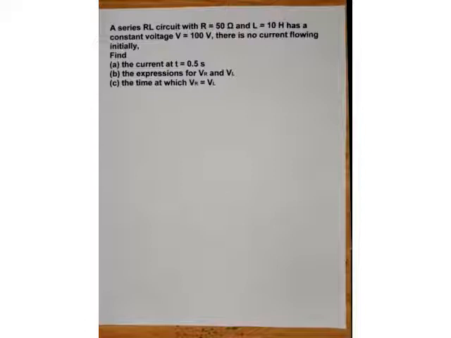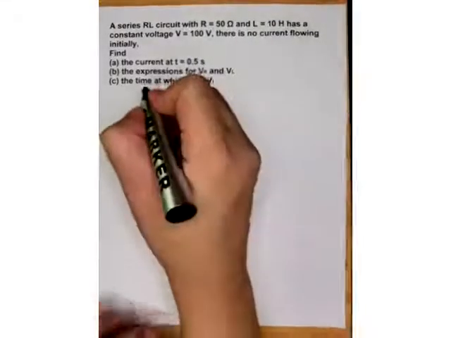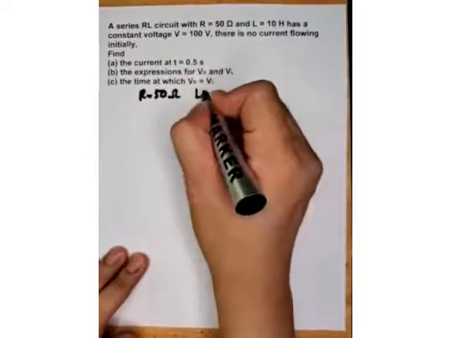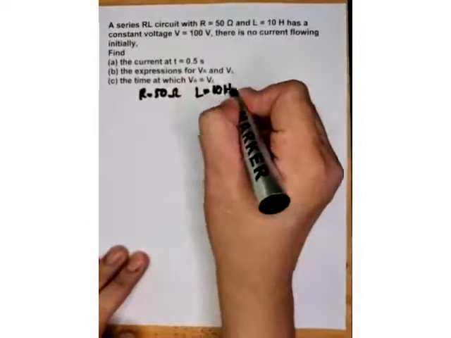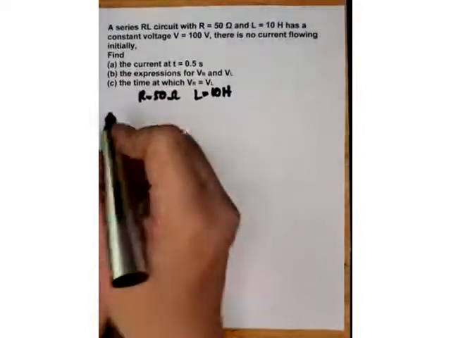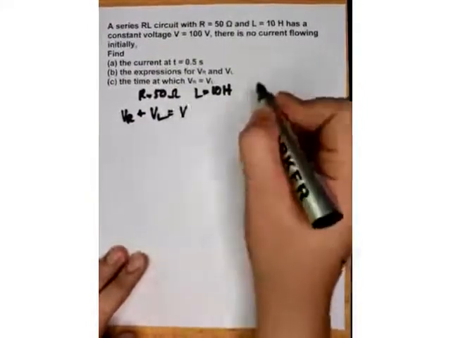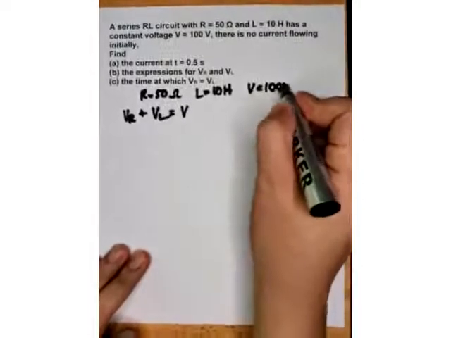So we're given that the resistance is equal to 50 ohms and the inductance is 10 Henry. So VR plus VL is equal to V, and our V is 100 volts.